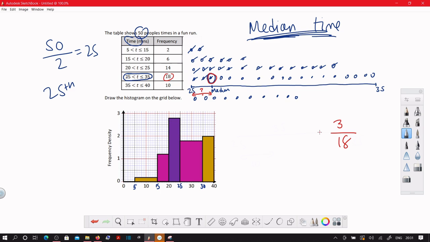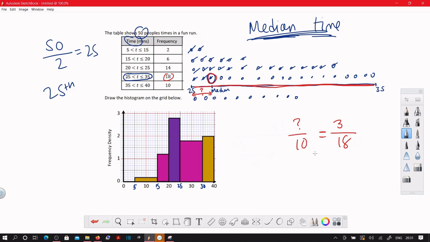Then on the other side of the equation, I'm going to put question mark out of the total gap over here. What's the gap between 25 and 35? That's a gap of 10. It's the class width.